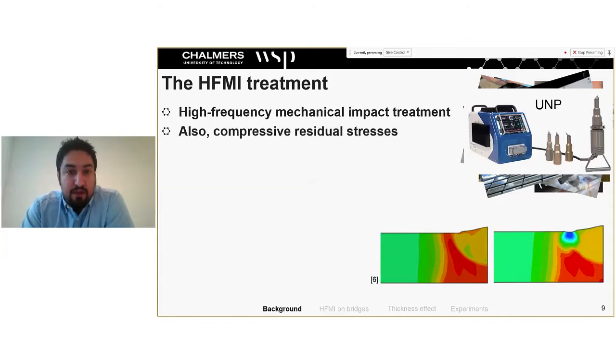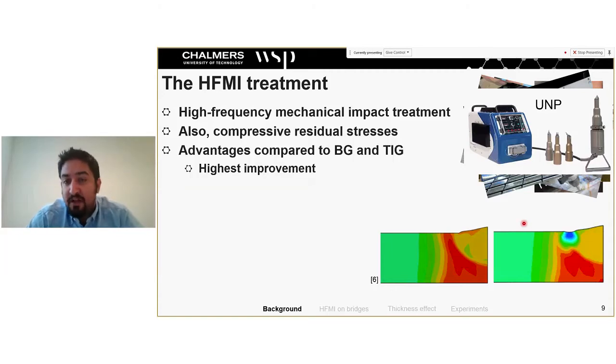So they induce compressive residual stresses, which is very beneficial. It's considered to be the main benefit of this treatment. And what we see in this illustration is that before treatment, we have the red area, which is very high tensile residual stresses, and when we do the treatment, we introduce compression.